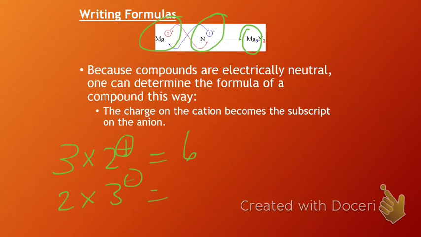This is a total of 6, and this is a total of 6. We have a positive 6 and a negative 6. So therefore, the positive and the negative cancel each other out.